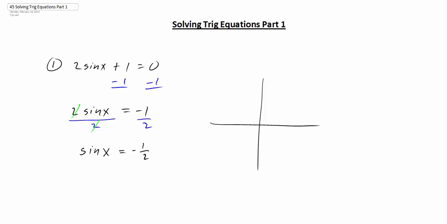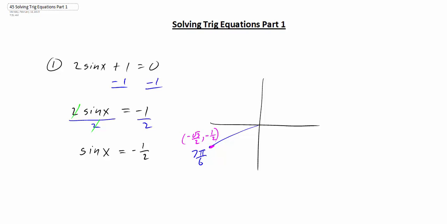Well, because it's negative, that means we're going down, so we're going to have to be in the third or fourth quadrant. And if we look over here, we'll see that at 7 pi over 6, we have the coordinates of negative square root of 3 over 2, and our y value is a negative 1/2.